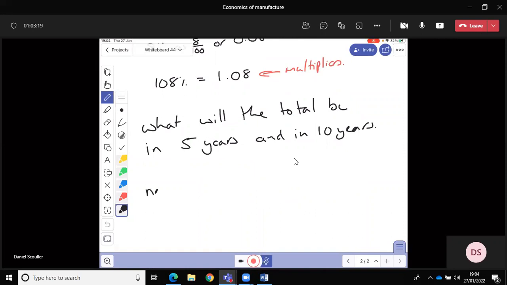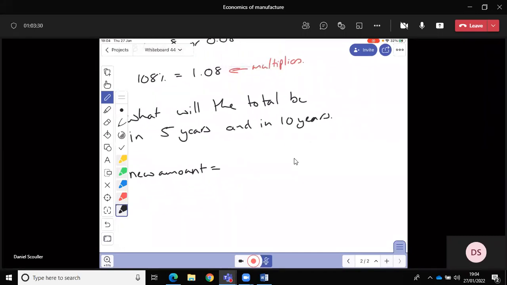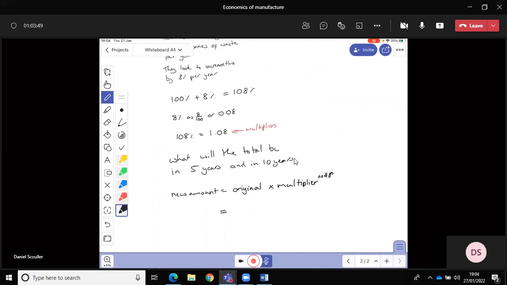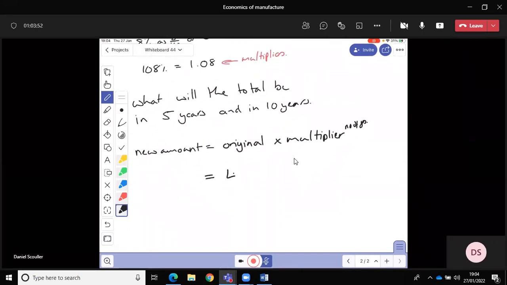So we're going to have our new amount equals original value multiplied by our multiplier to the power of number of years. The original value is 42,000. Our multiplier is 1.08, an 8% increase every year.